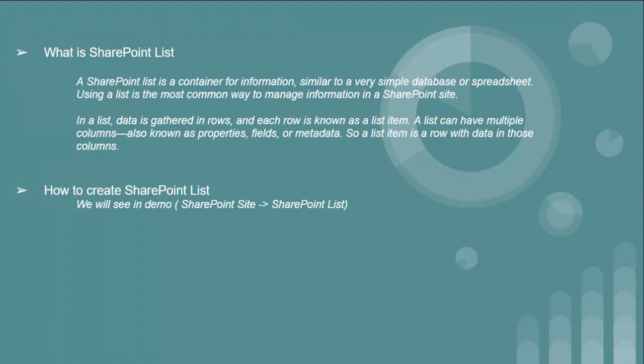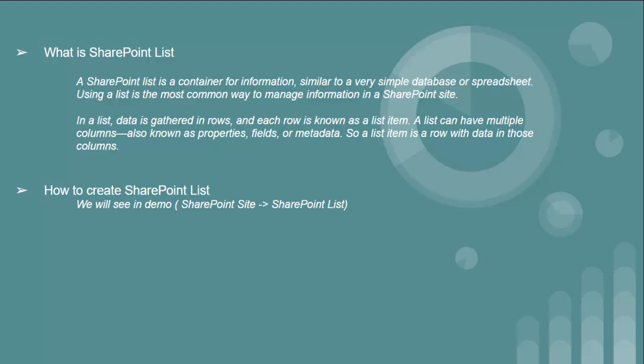So what is SharePoint List? A SharePoint list is a container of information similar to a very simple database or spreadsheet. Using list is the most common way to manage information in a SharePoint site. In a SharePoint list, data is gathered in rows, and each row is known as a list item.